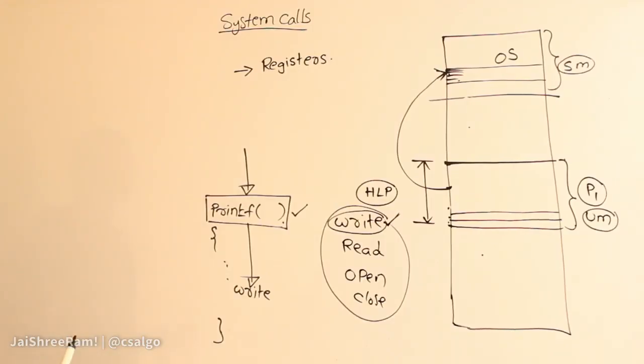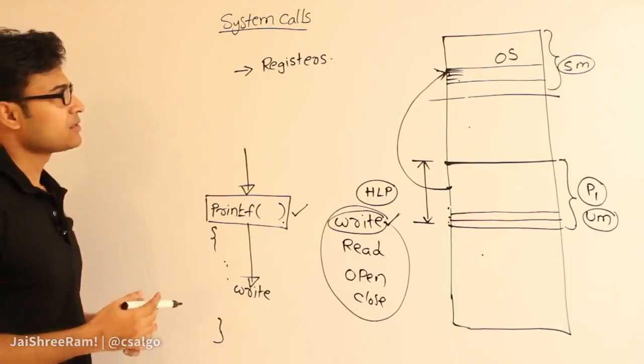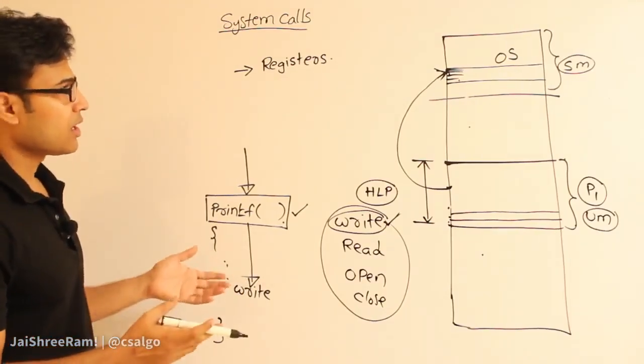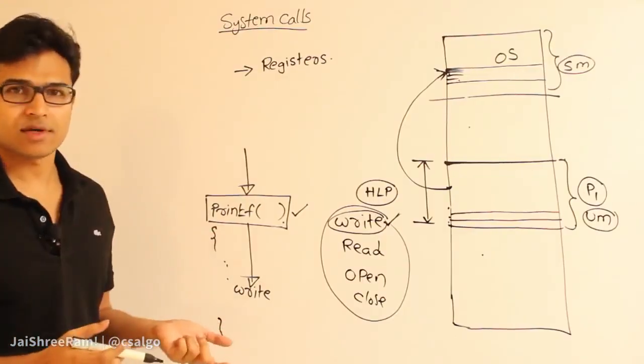But the problem with this method is, as you know, sometimes our parameters may be bigger or the number of parameters may be more compared to the number of registers available.